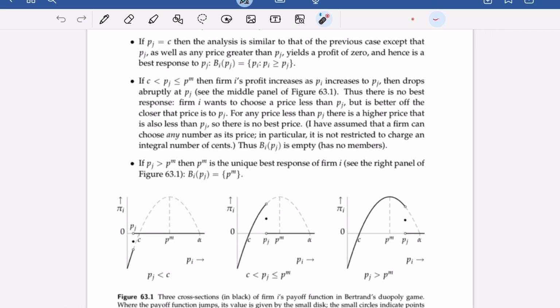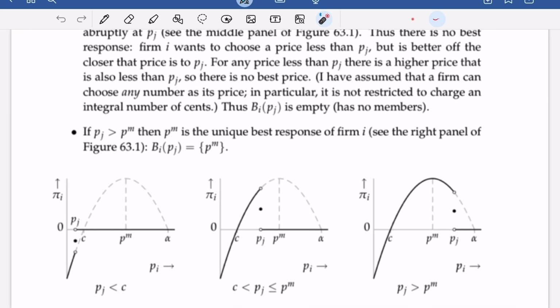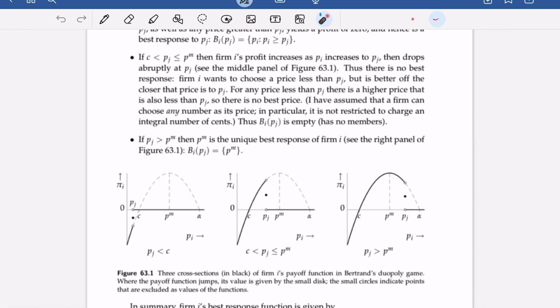And if the competitor is pricing in between the cost price and the profit maximizing price, then your ability is now, okay, we can increase our price from the cost to slightly below PJ to maximize our profit, but then we can keep doing this until we reach the top. But then when we reach the top, we cannot choose anything already.